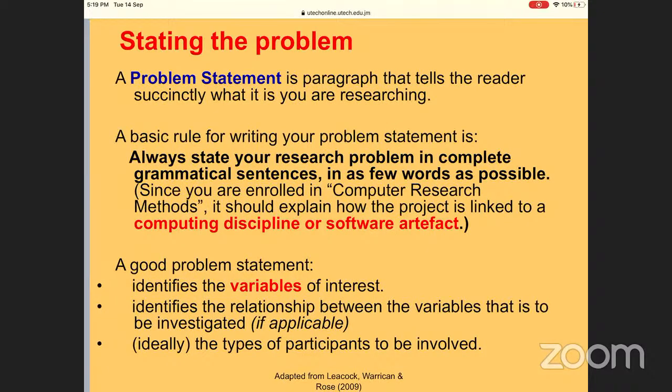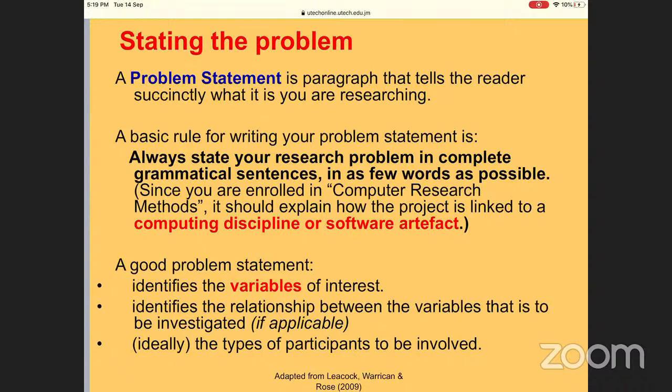There's a background and then there's a problem statement. The problem statement is a summary of what's in the background in two or three sentences. It basically tells the reader what you're researching in a concise manner, so you want to say it in as few words as possible.